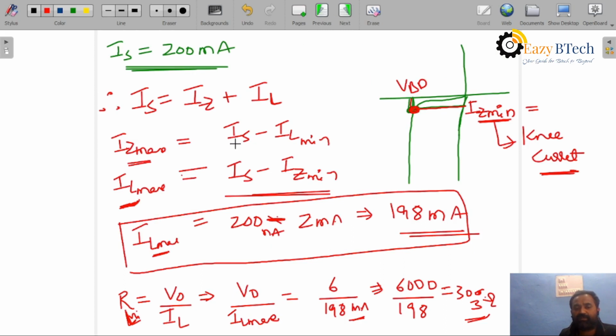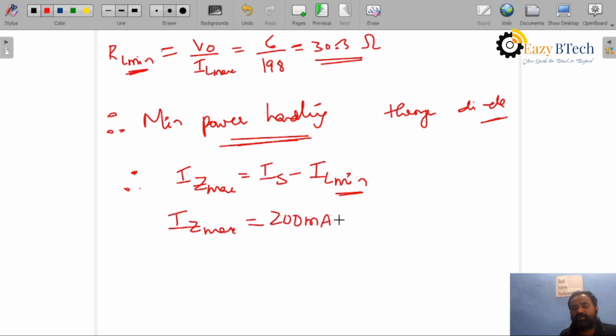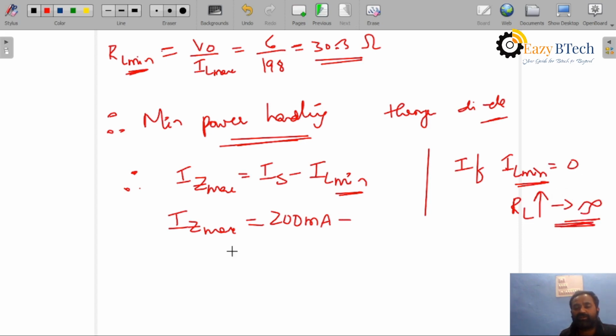Iz max is equal to Is minus IL minimum. Is is 200 milliamperes. If IL minimum is 0, when RL is maximum up to infinity and the load current is 0, then Iz maximum is 200 milliamperes.